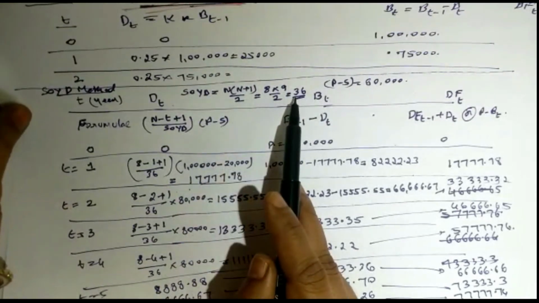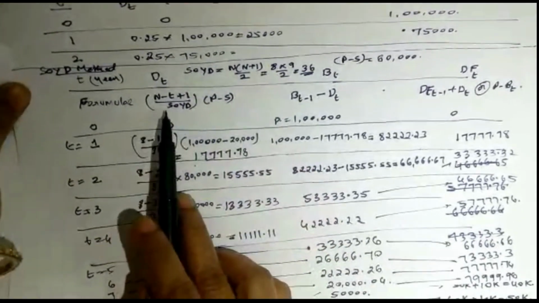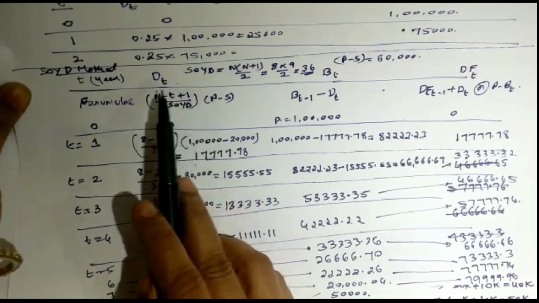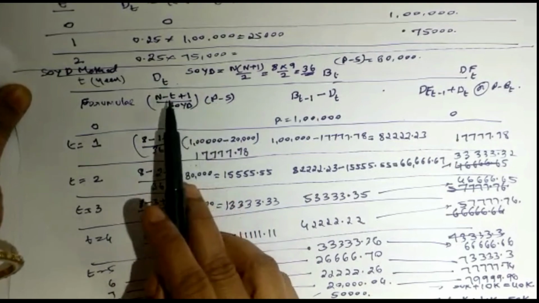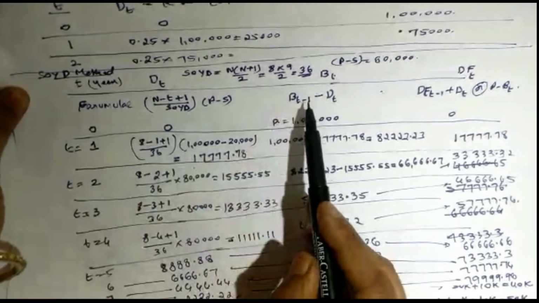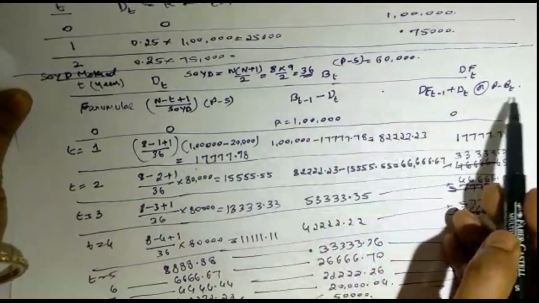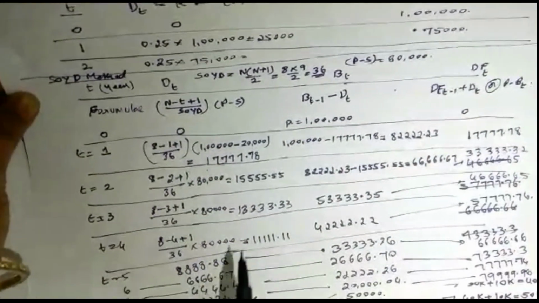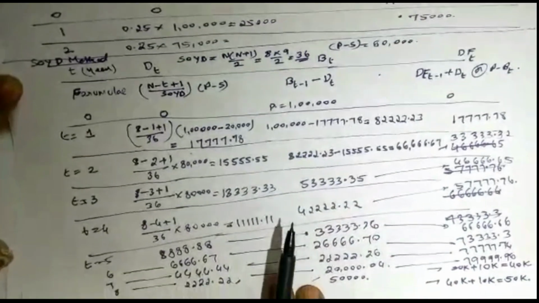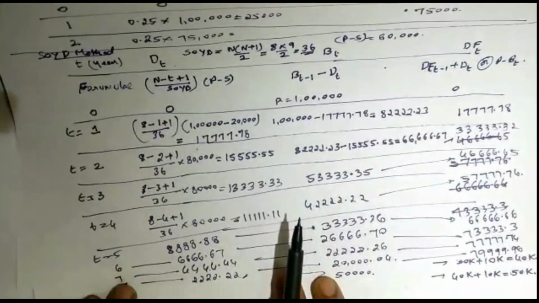You get one value, it is fixed. Later on it is n minus t plus 1 divided by SOYD into p minus s to get dt. Here all are constant except t. You take the t value corresponding to the row. And as usual, the same formula for book value and depreciation fund. So once again the depreciation amount reduces over a period of time. That is how you calculate using SOYD method.